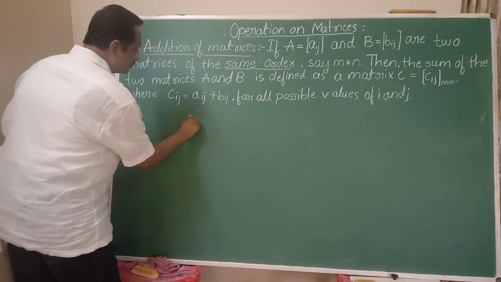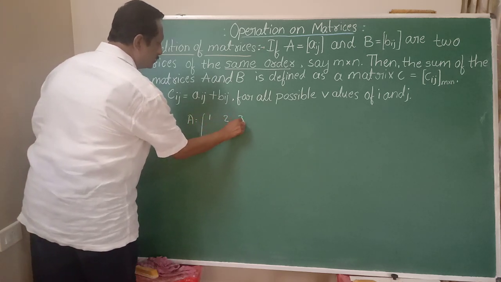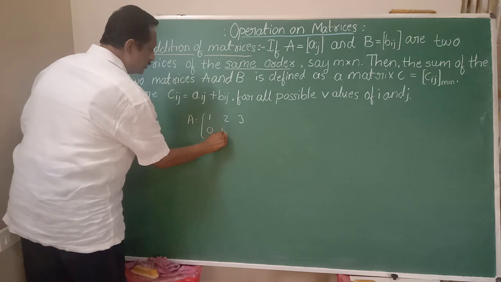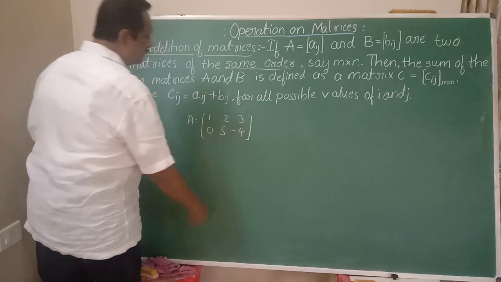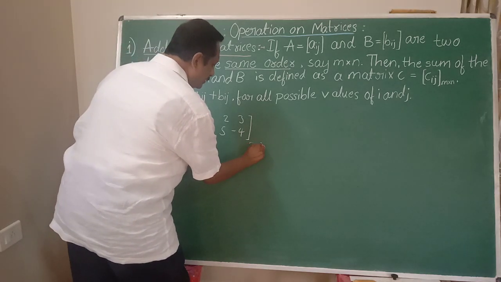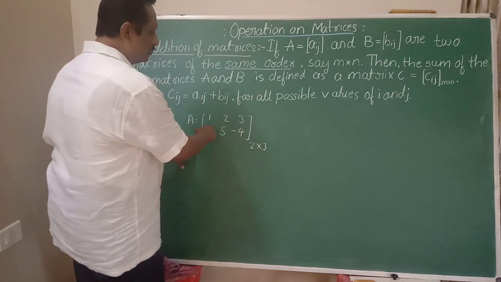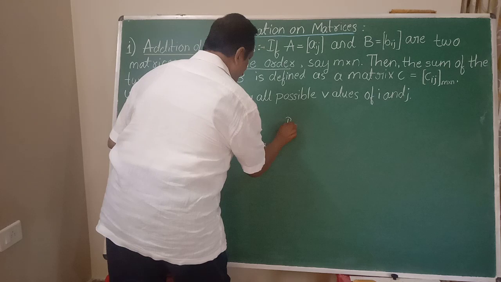I am explaining one example here. Take here A is equal to the matrix 1, 2, 3, then 0, 5, minus 4. It is one matrix here. Its order is 2 into 3 because 2 rows and 3 columns are there. Take one more matrix here.